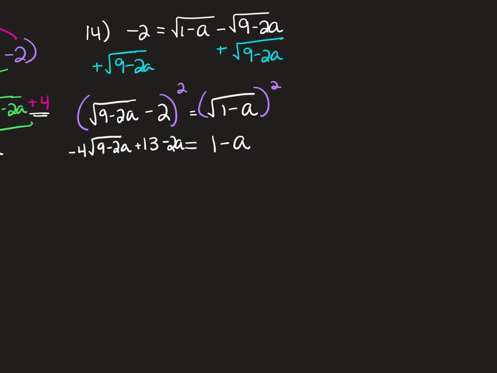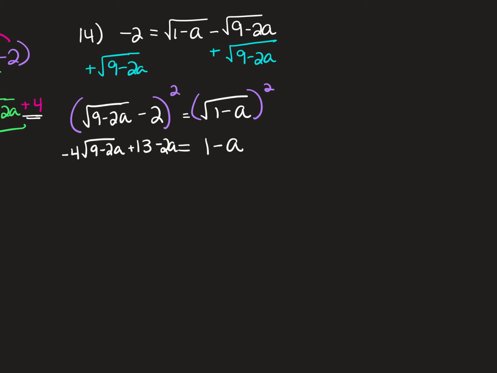And then what I'll do is I'm going to try to isolate the square root. So I want to get everything that's not a square root on the other side. So I'm going to start by adding 2a to both sides. So I still have negative 4 times the square root of 9 minus 2a plus 13 is equal to 1 plus a.